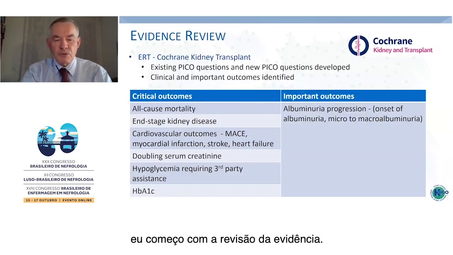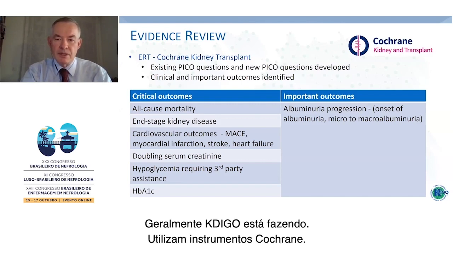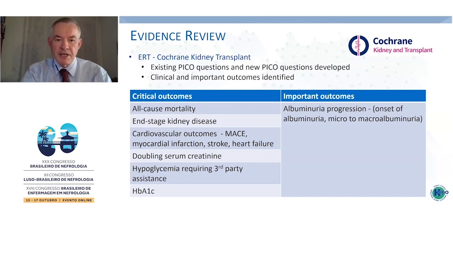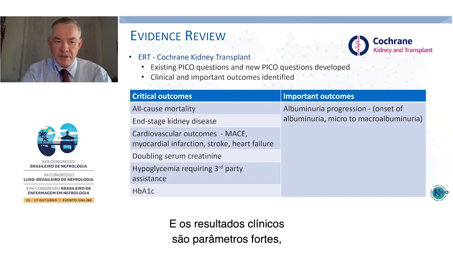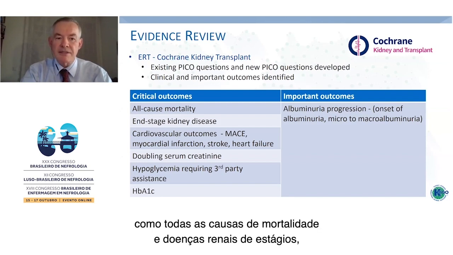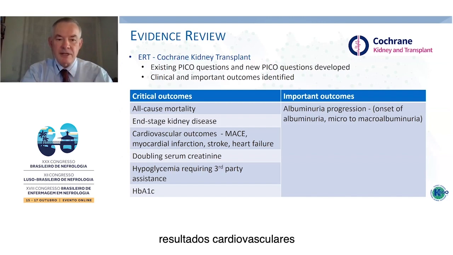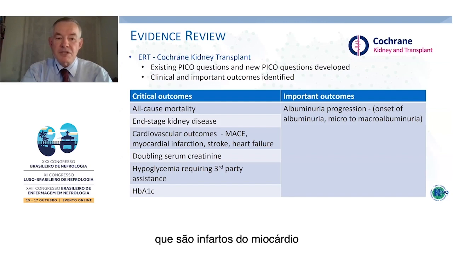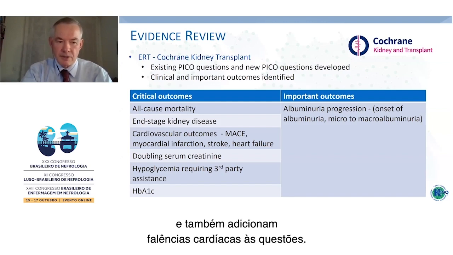So on my next slide, I start with the evidence review. Usually KDIGO uses the Cochrane instruments, and they have some very critical outcomes after asking some important questions. The clinical outcomes are strong endpoints, such as all-cause mortality, end-stage kidney disease, and cardiovascular outcomes, so-called major adverse cardiovascular events, which are myocardial infarction and stroke, and they also add heart failure to the questions.